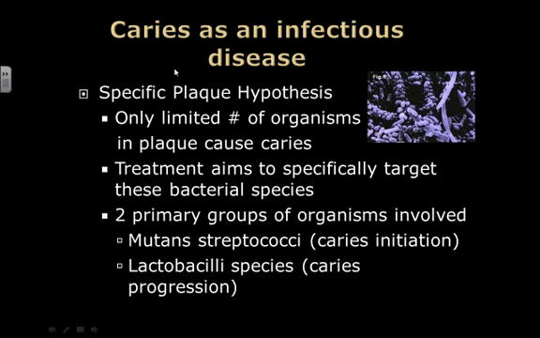When we look at caries as an infectious disease, we really want to look at a specific plaque hypothesis. Only a limited number of organisms in plaque cause caries: Streptococcus mutans and lactobacilli. In fact, the patient who has a great deal of plaque being retained on the teeth may not have any caries or periodontal disease if the plaque isn't pathogenic.